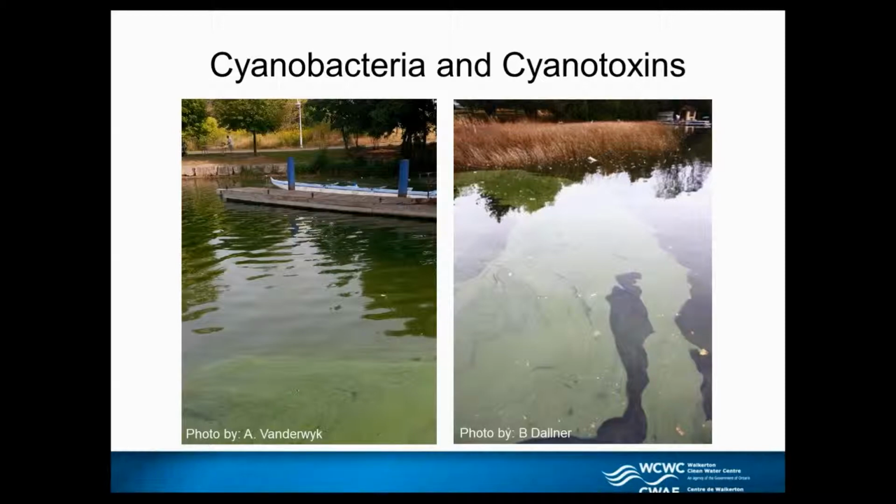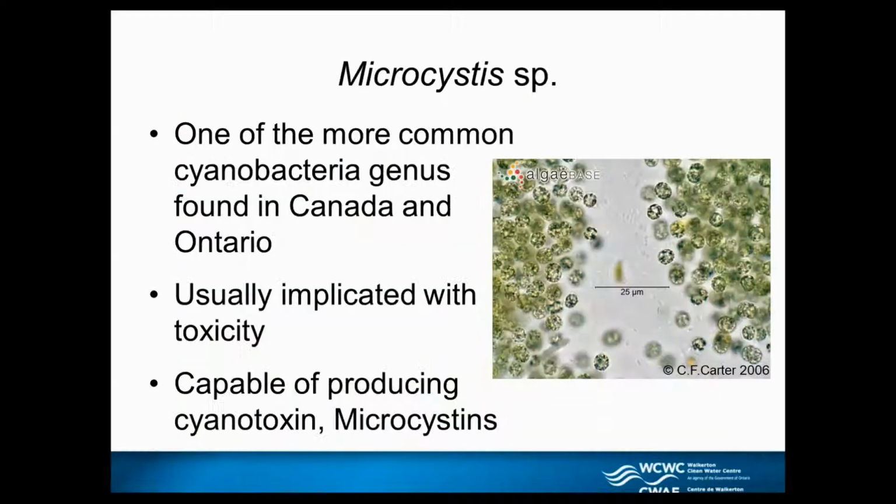There's quite a lot of variability in terms of what type of genus or species you could find in the blooms. If we were to take a sample of that green water and look at it under the microscope, we would see something like this, where you'd see lots of individual cells. Specifically, Microcystis is one of the more common cyanobacteria genera found in Canada and Ontario.